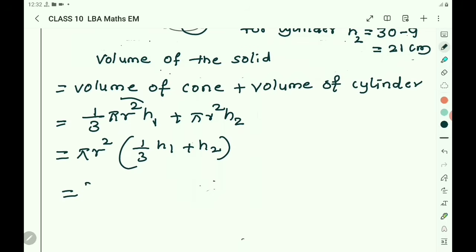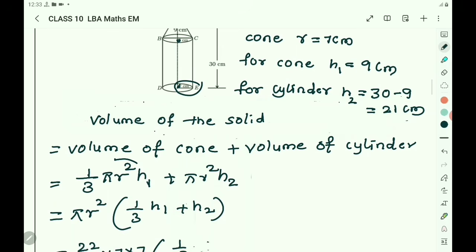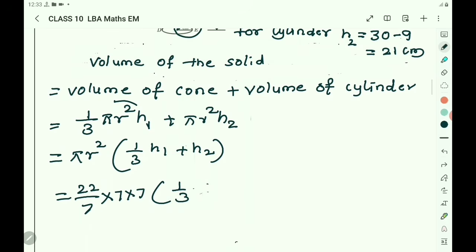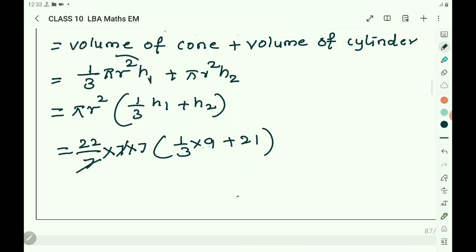equals pi value is 22 by 7, r value is 7, 7 into 7, r square is 7 into 7, 1 by 3, h1 is 9, h2 is 21 into 9 plus 21. You can cancel 7, 7. 22 into 7 is 7 2s are 14, 1 carry, 7 2s are 14 plus 1, 15.